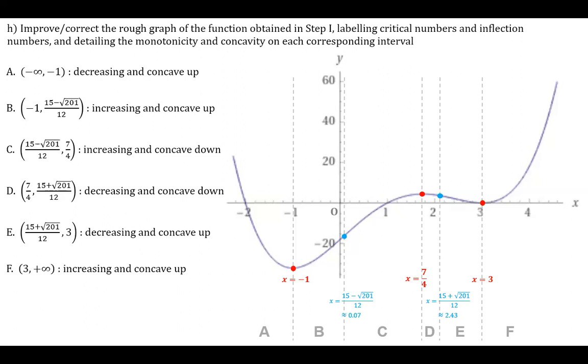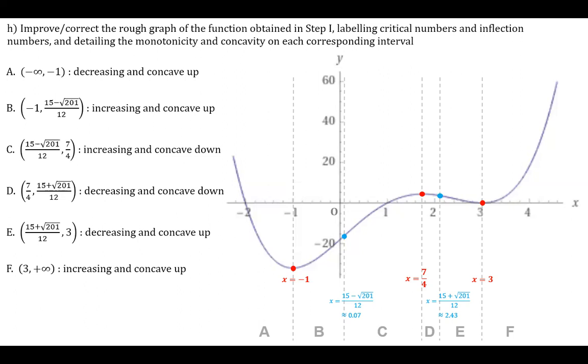Now you need to label each of the 6 regions divided by the 5 key points. First, when x is between -infinity and -1, this function is decreasing and concave up, because in this region the first derivative is less than 0 and the second derivative is greater than 0.